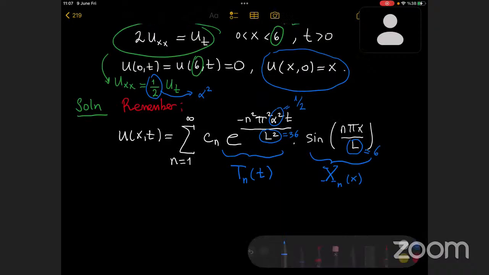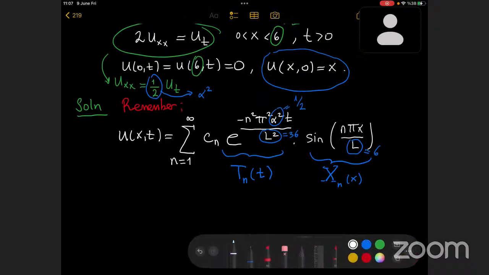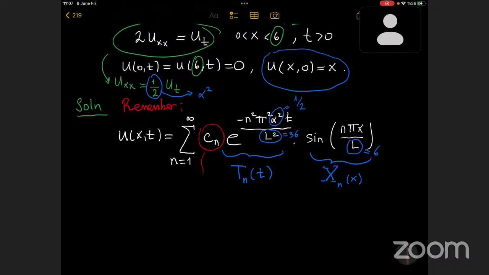Now to find the coefficients here, Cn, we use the Fourier series.